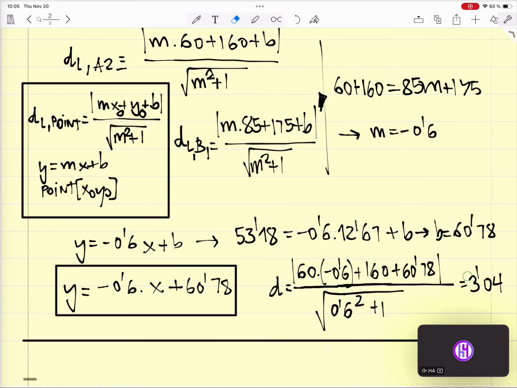Thank you for the catch. 60 times 0.6 minus plus 160 plus 60.78 divided by square root 0.6 square plus 1. Yeah, this is 158.45. Thank you.